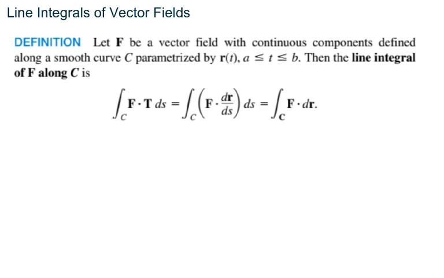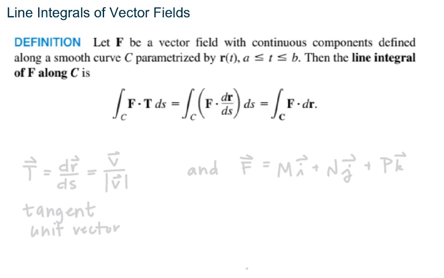So we can simplify this to the line integral across the curve of F dotted with dr. So defining F in this manner, and then that derivation of the tangent unit vector into dr ds, we learned about that previously, but I've written that out for you here.